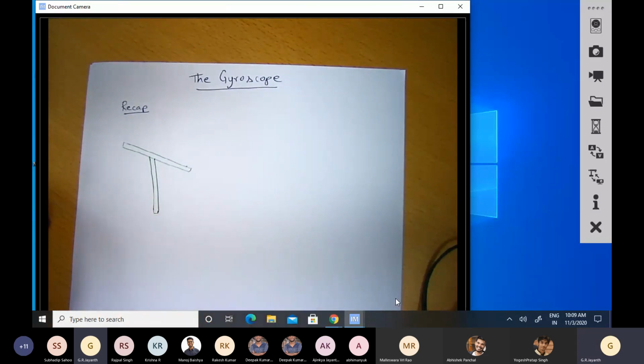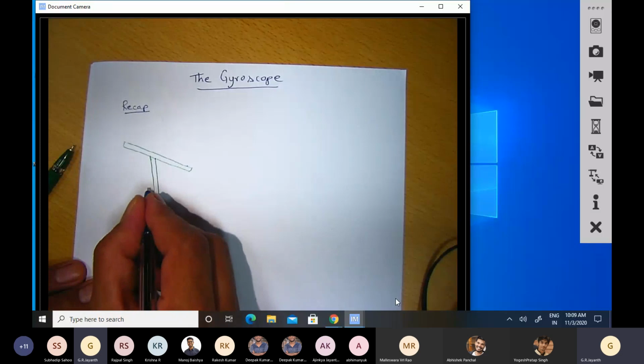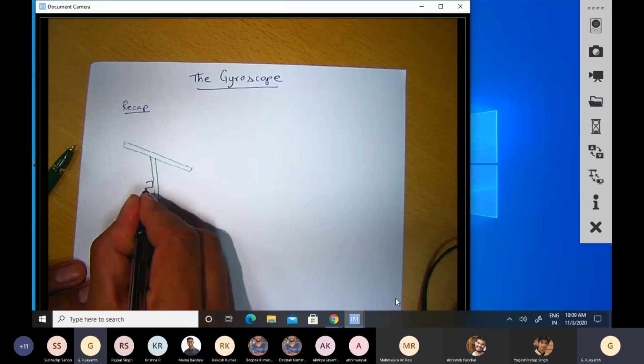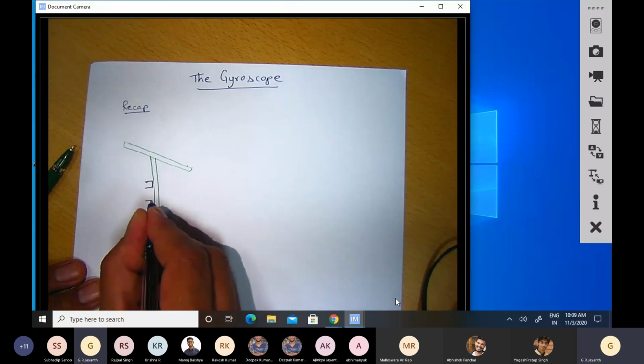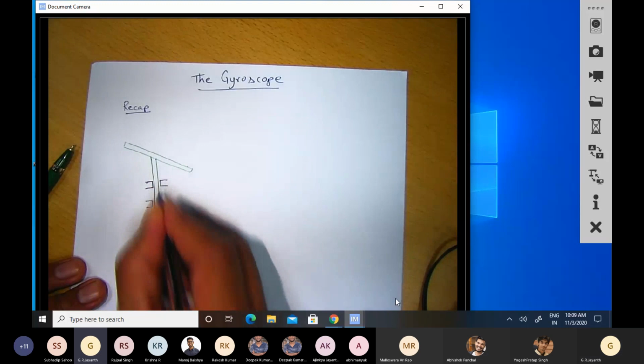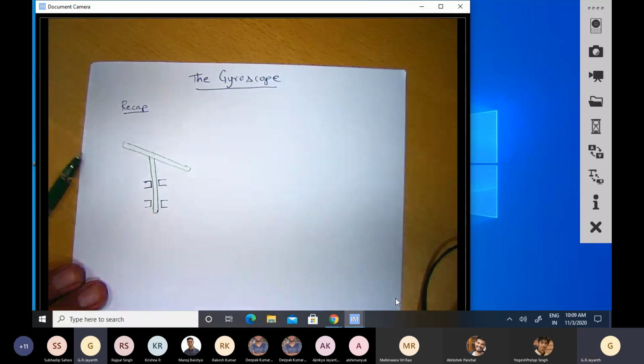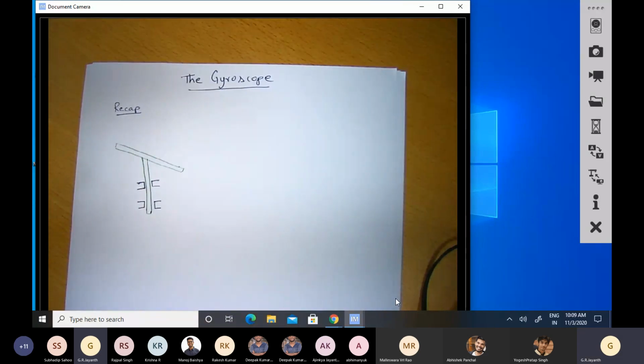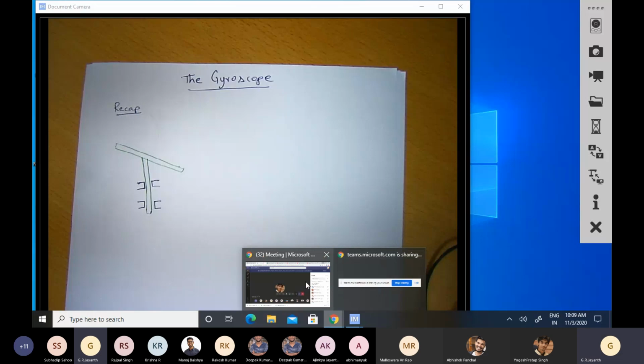And then what about the bearings? The bearings were fixed to the inertial frame, right? So I shall draw it with the blue color. The blue color is everything that is fixed to the laboratory inertial frame. The green color is the one that is fixed to the shaft, and ultimately the red will be the one that will be the independent rotation. Although at this point in time, for this specific problem, we don't have a red color.